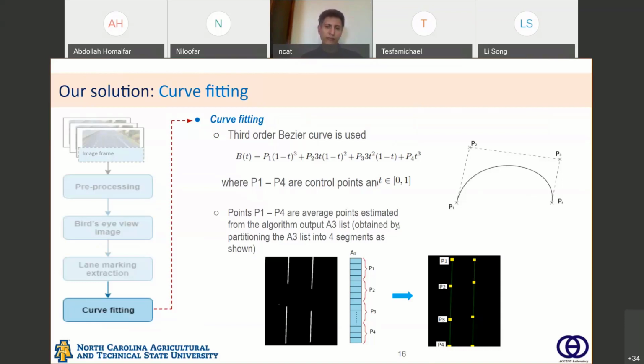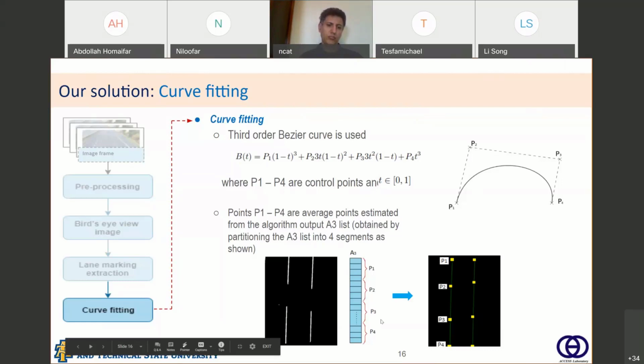So in order to find P1 through P4, assume this is our filtered output. We divide this image into 4 sections, and we simply calculate the average intensity value for each section, and we assign those average values to P1, P2, P3, and P4.